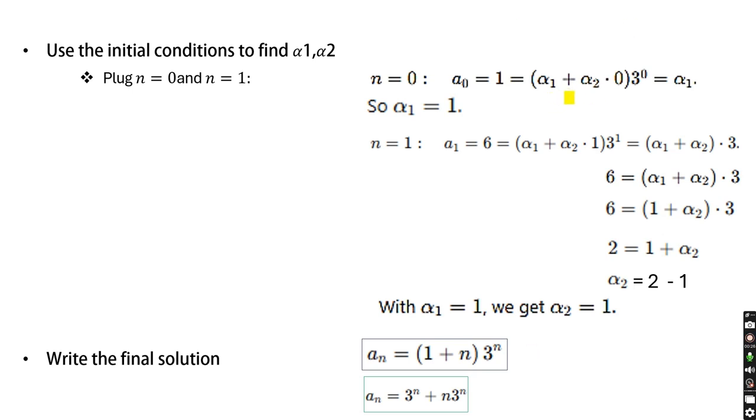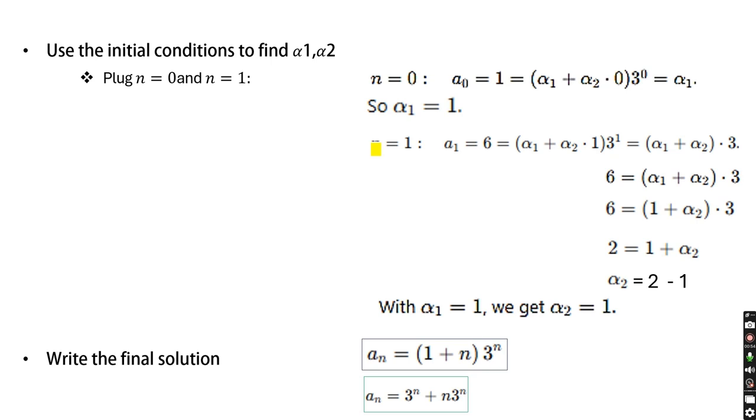So we have a1 plus a2 times 0 because again our n is equals to 0, 3 raised to the power of 0. We have a1 times 1 because again any number raised to the power of 0 is equals to 1. And then ang a2 times 0, so 0 gayud siya. So we have a1 is equals to 1.